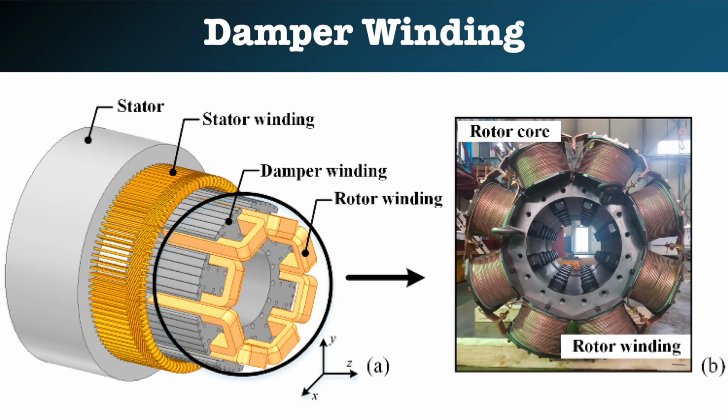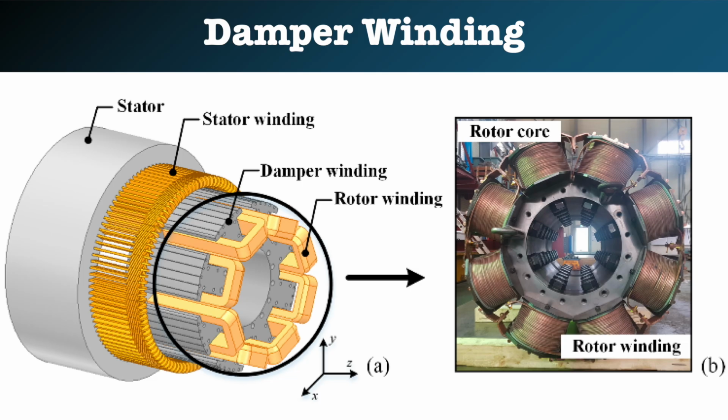The next method to start the motor is using a damper winding. In a synchronous motor, in addition to the normal field winding, we have a winding consisting of copper bars placed in the slots in the pole faces. The bars are short circuited with the help of end rings. Such an additional winding on the rotor is called damper winding.